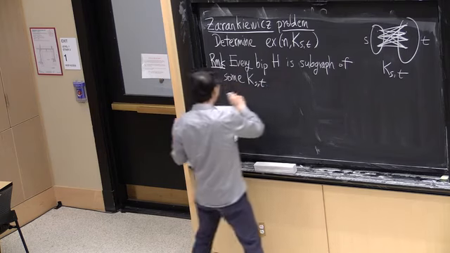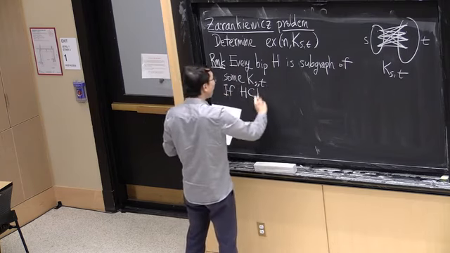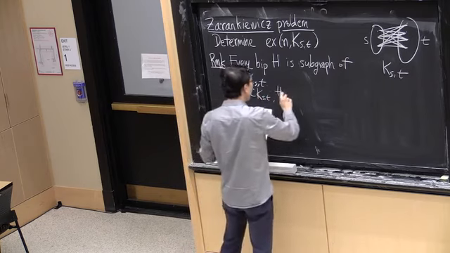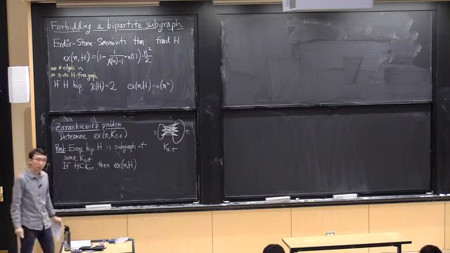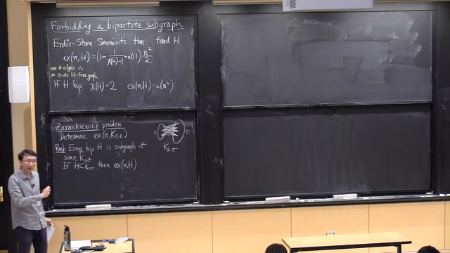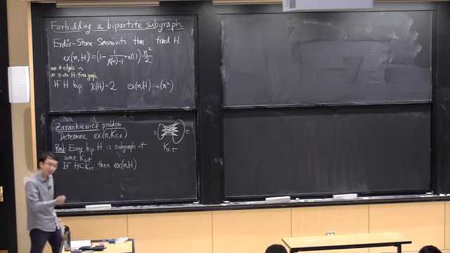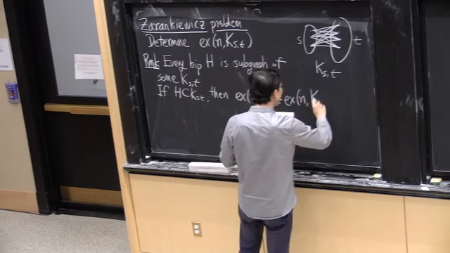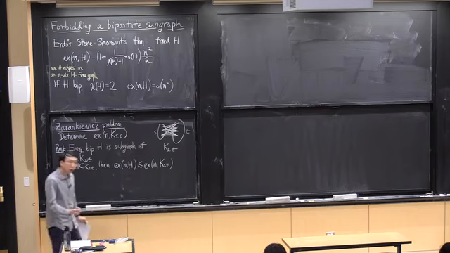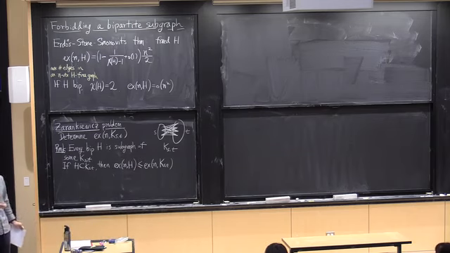And we know that if H is a subgraph of this K_{s,t}, then the extremal number for H, well, if your graph is H-free, then automatically it has to be K_{s,t}-free. So there is this bound between these two extremal numbers. In particular, if you have some upper bound on K_{s,t}, then you have some upper bound on bipartite graphs. Although for specific bipartite graphs H, maybe we can do better than using this bound. And we'll see examples of that later in the course as well.